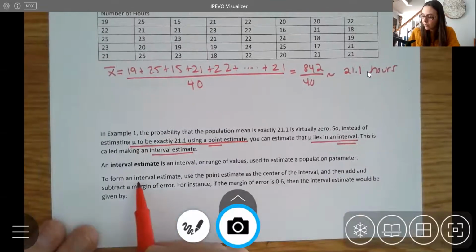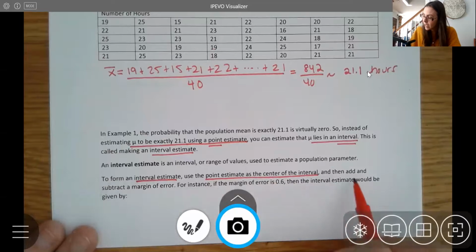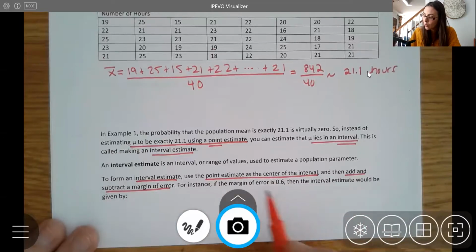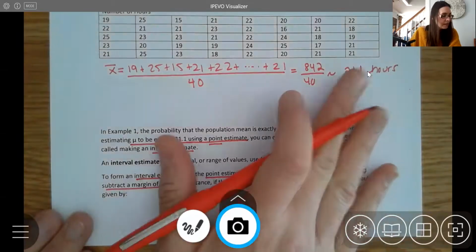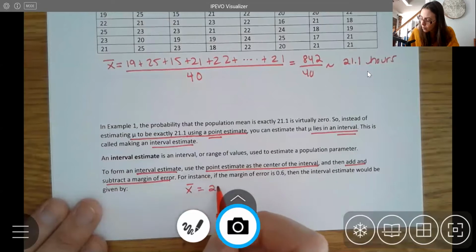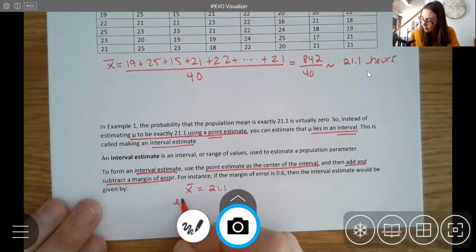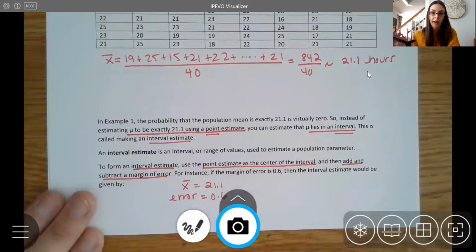To form the interval estimate, we use that point estimate as the center of the interval, and then we add or subtract a margin of error. So for instance, in this example, my point estimate is 21.1, and I'm going to use an error in this case of 0.6. We'll talk a little bit later about how we actually find that error.